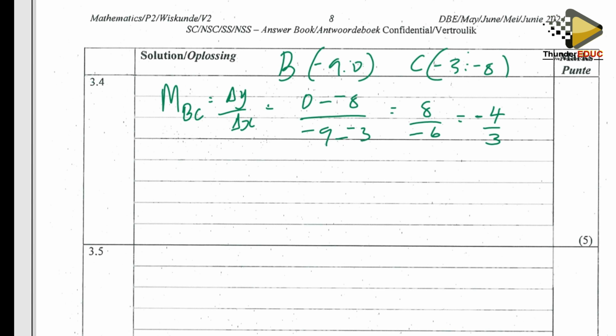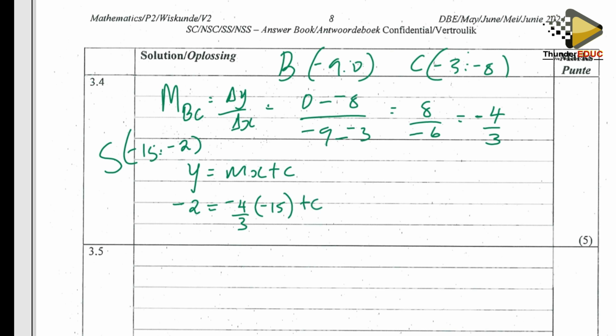Okay, so since I've obtained my gradient, we were given point S, which was (-15, -2). So substitute this into y is equal to mx plus c, where we're looking for c. So negative 2 is equal to negative 4 over 3 multiplied by negative 15 plus c.